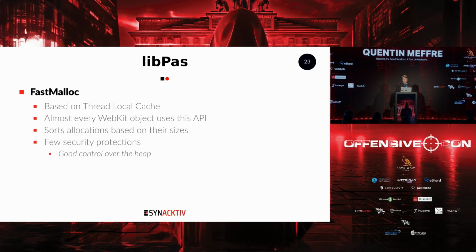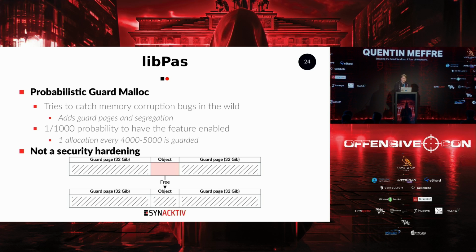FastMalloc sorts allocations based on their sizes, and historically this allocator had very few security protections, so an attacker could almost always build interesting primitives to, for example, shape the fastMalloc heap. Libpas has an interesting feature called the probabilistic guard malloc, which is used to try to catch some memory-related bugs in the wild.